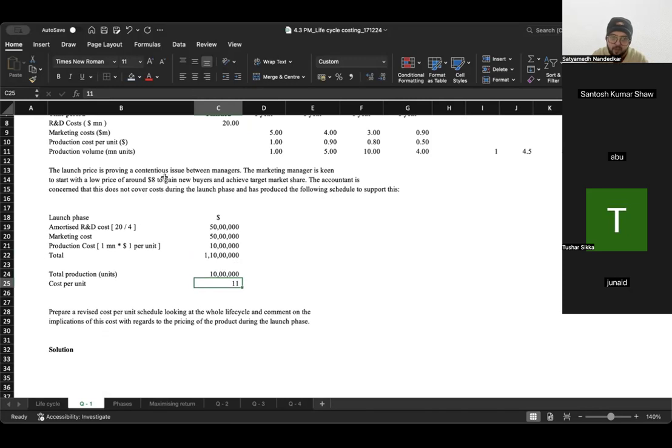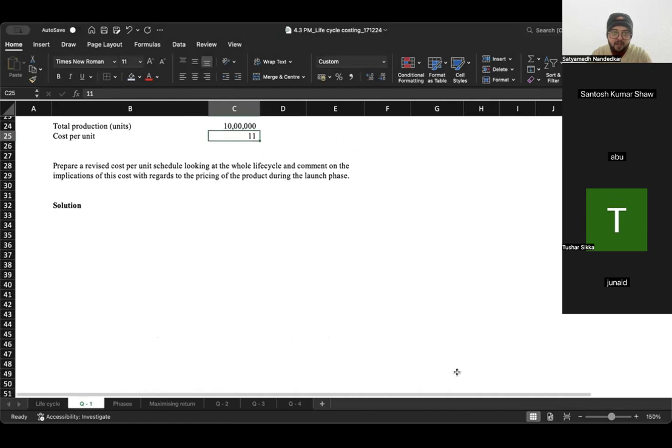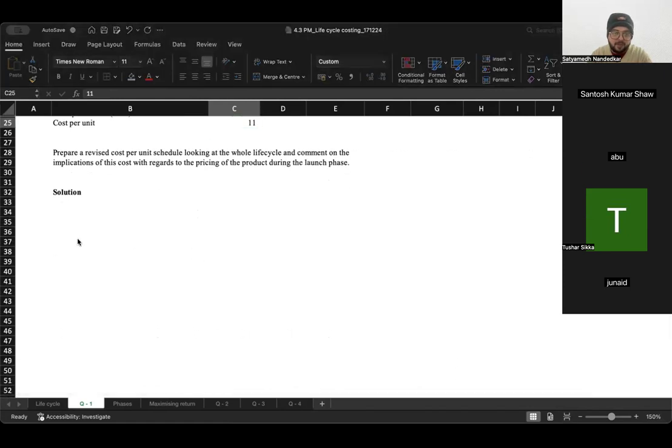He's saying that if you keep 8 rupees as the selling price, then 11 rupees is the cost, and this is wrong. What they want you to do is prepare a revised cost schedule, and then evaluate whether that 8 rupees price makes any sense at all to begin with. First of all, let us understand what is the situation here.